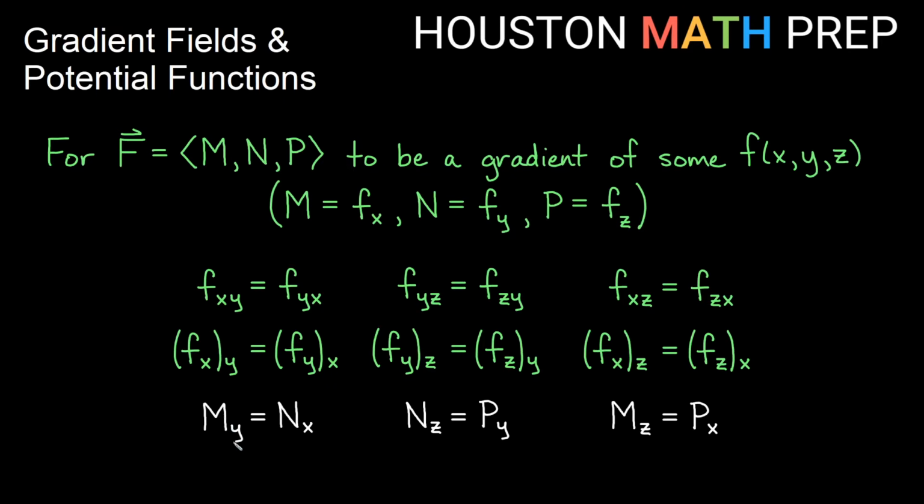So partial m_y should equal partial n_x. This is the same statement as in 2D space, but now we have these additional ones, right? So partial n_z must equal partial p_y, and partial m_z must equal partial p_x. So you can see here that we actually have 3 things to check if we want to make sure that something is a gradient field in 3-dimensional space.